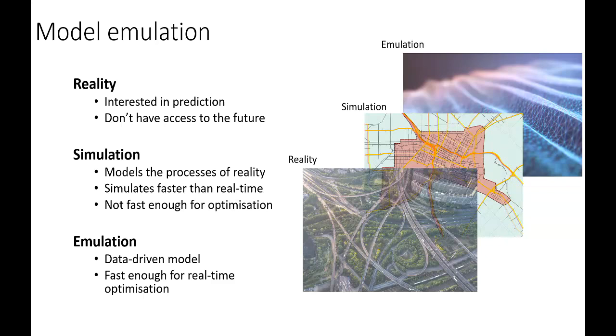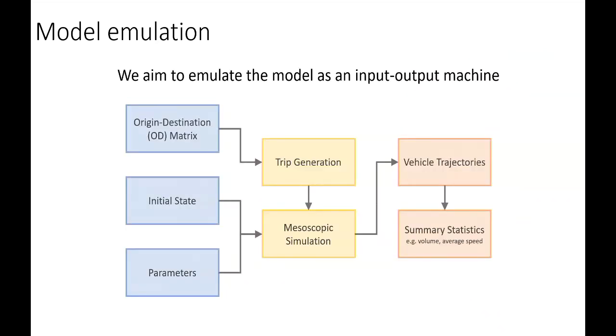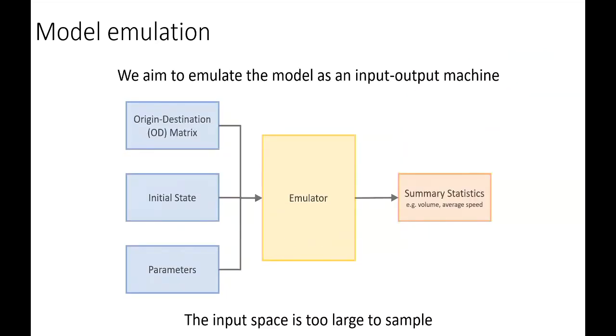So what we're doing in constructing this emulation is trying to model the function, which is the model, as an input-output relationship. We want to simplify that process, so we remove any of the theory-driven components.